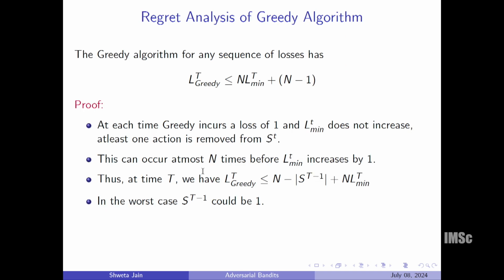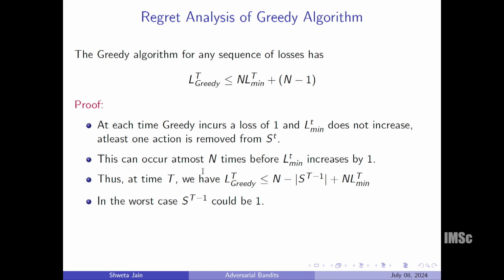Right. So the same thing is happening each time your greedy algorithm incurs a loss of 1: LT min is not increasing, which means you are removing at least one action from your ST. And what is the worst possible case? When you will have to repeat n actions to do that.